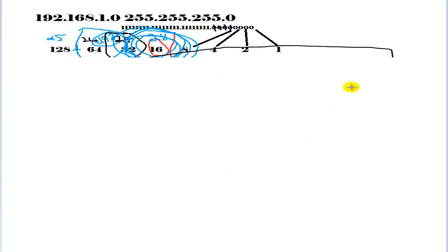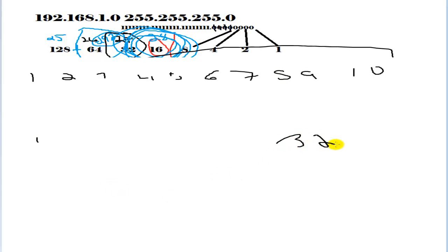You can always just come in and start writing your binary. You've got the first bit, second, third, fourth, fifth, sixth, 7, 8, 9, 10. You can keep going until you reach 32. And then you can start labeling them out. That's what I do.